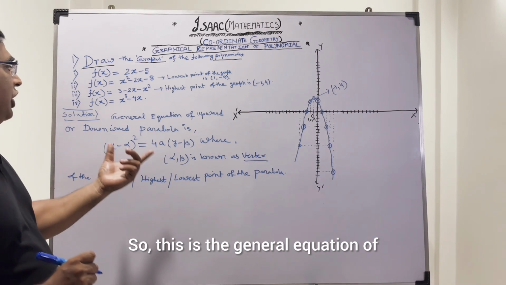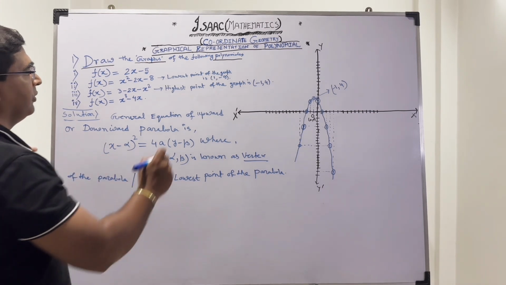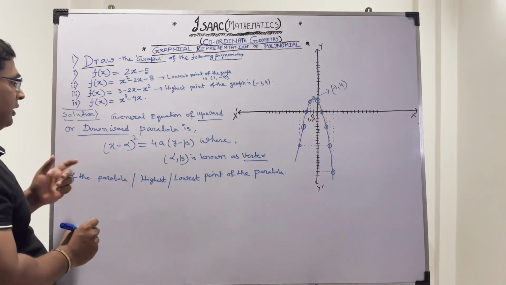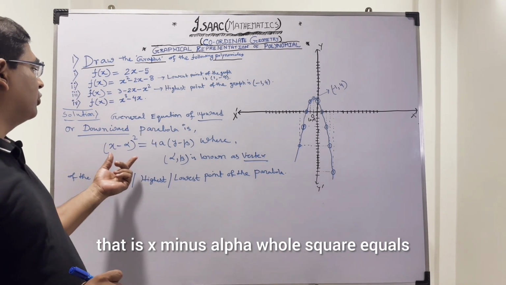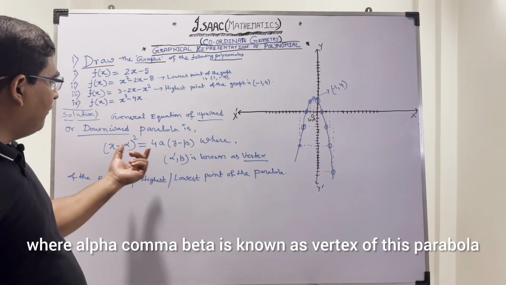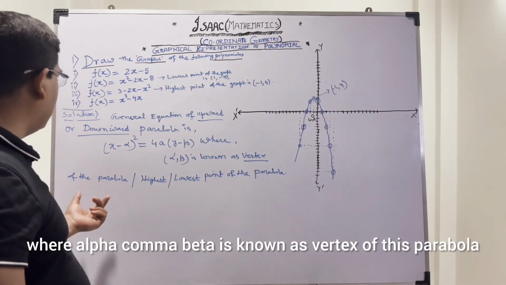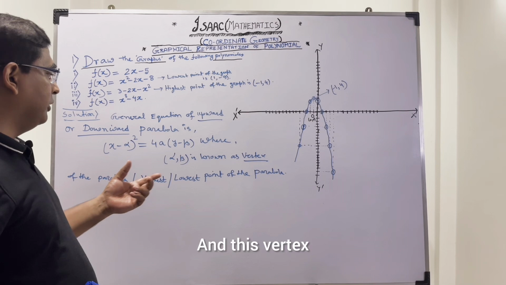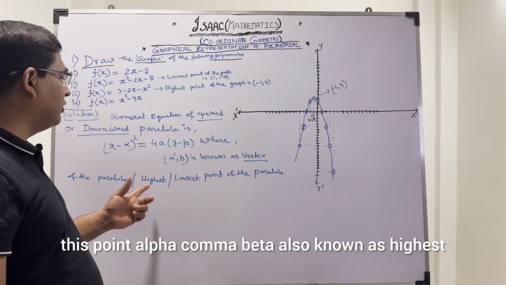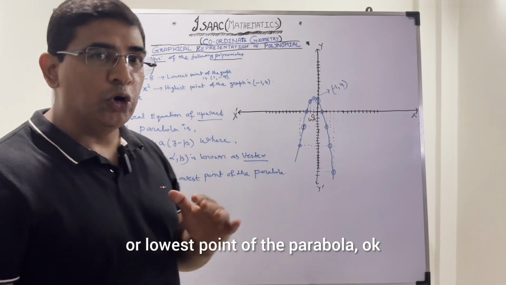So this is the general equation of upward or downward parabola, that is x minus alpha whole square equals to 4a into y minus beta, where alpha comma beta is known as vertex of this parabola, and this point alpha comma beta also known as highest or lowest point of the parabola.